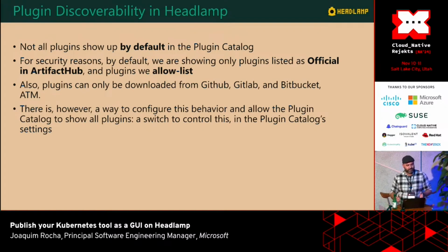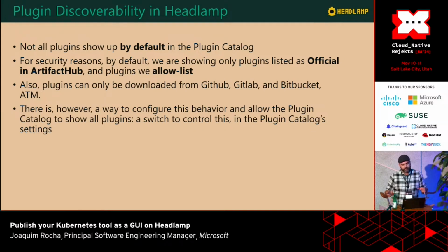Right now it's just us, but we're going to have a process to open it to other people who just come to us and say, "Hey, I'm a real person, not going to push anything bad, I promise." Also, for security reasons, we only allow downloads from GitHub, GitLab, and Bitbucket.